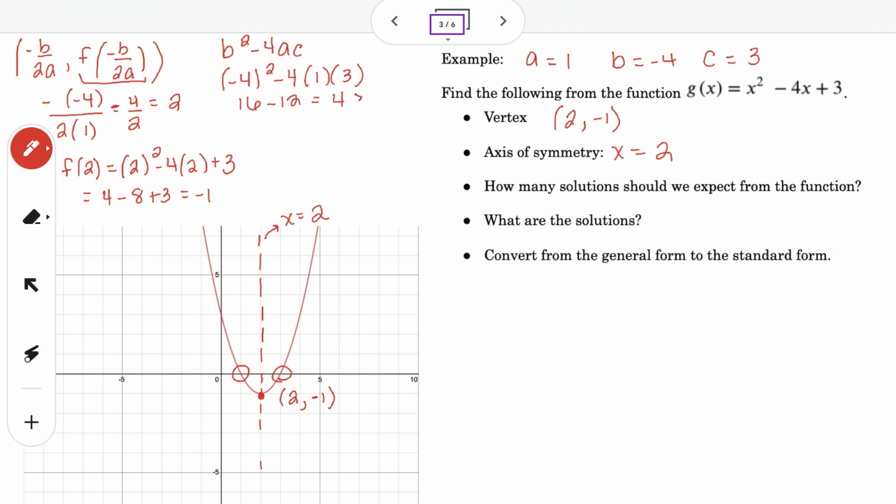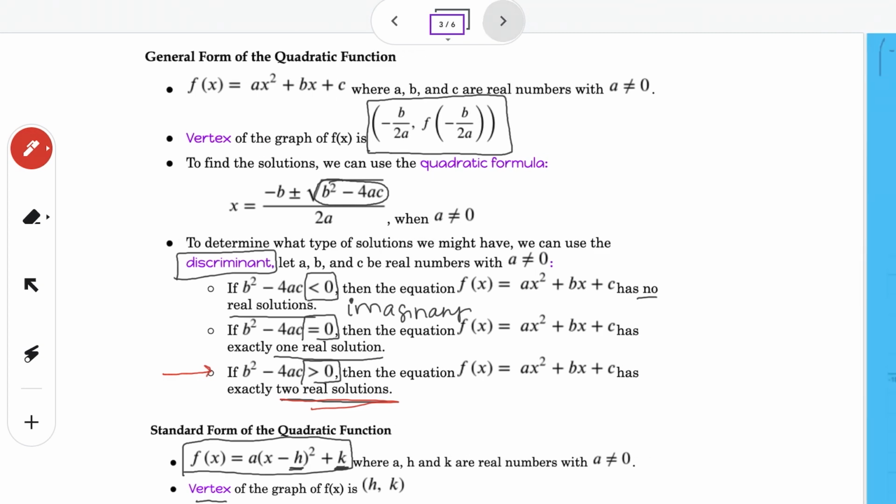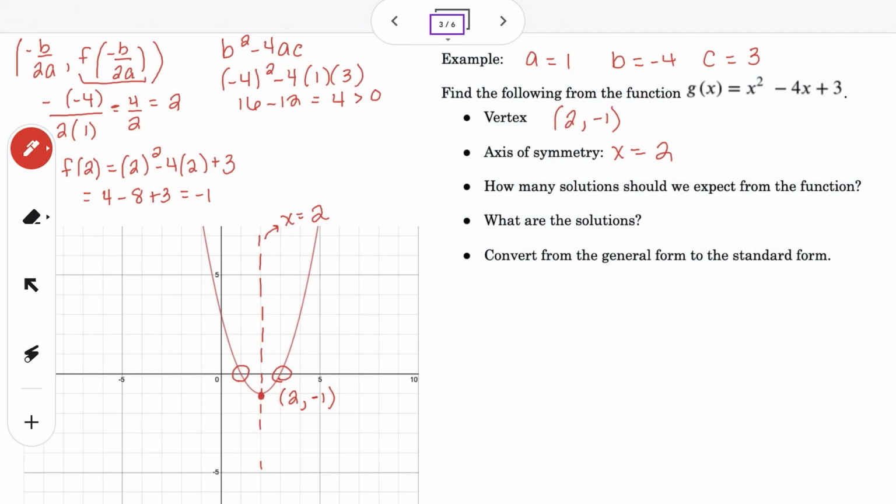Okay, so our discriminant is greater than 0. So because our discriminant is greater than 0, that tells us we have exactly 2 real solutions. How many solutions should we expect? Exactly 2 real solutions, which matches the picture.